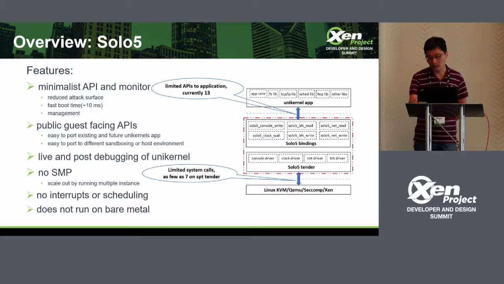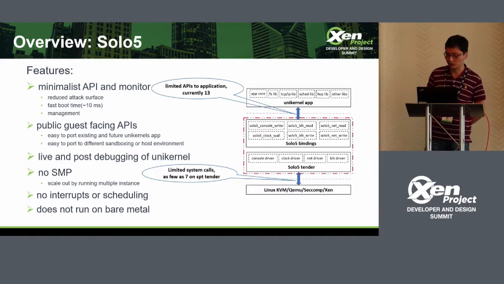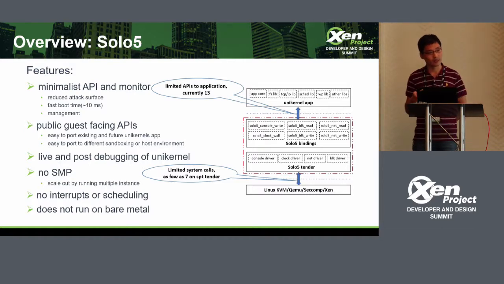The HVT tender, which is short for hardware virtualization tender, is loosely equivalent to QEMU in a KVM QEMU setup, but it is several orders of magnitude smaller in code size than QEMU.